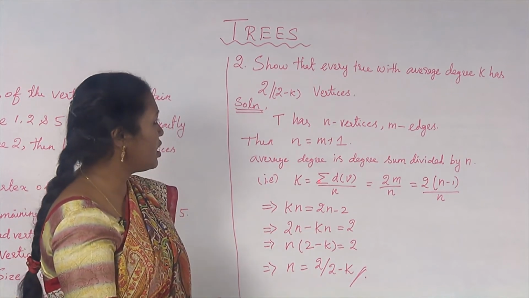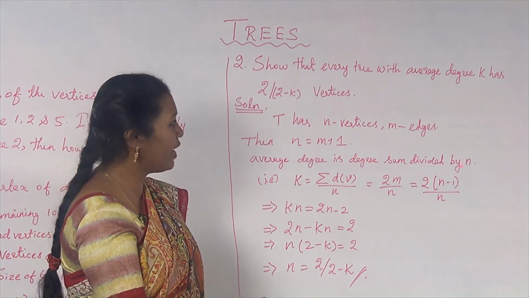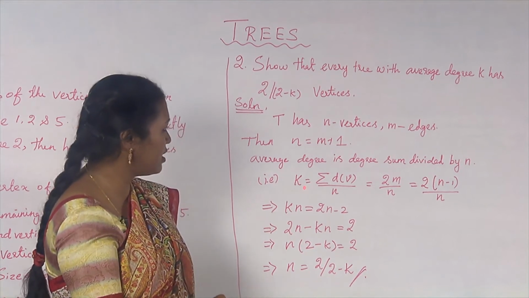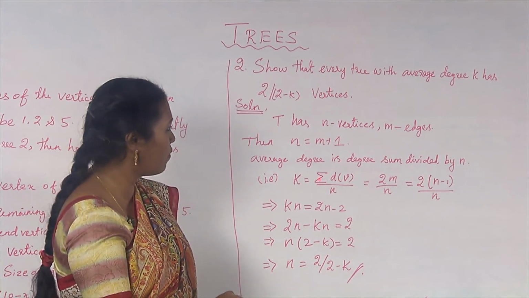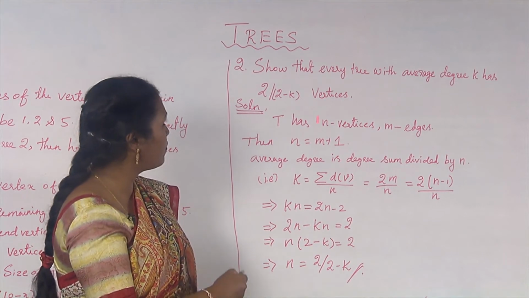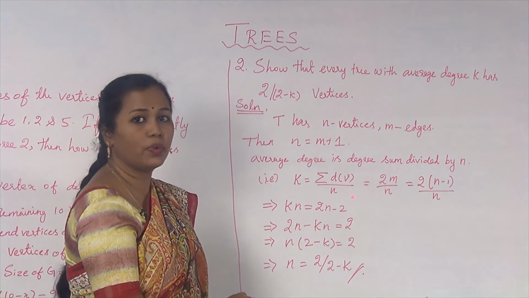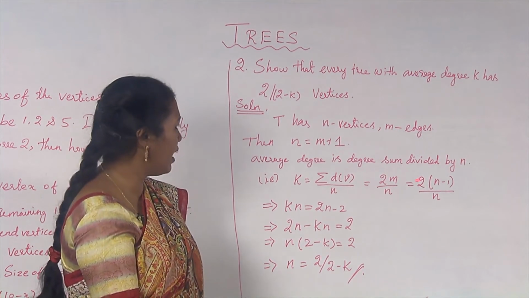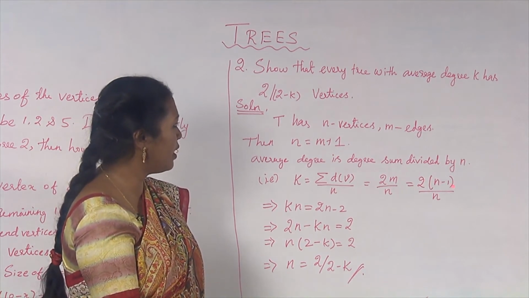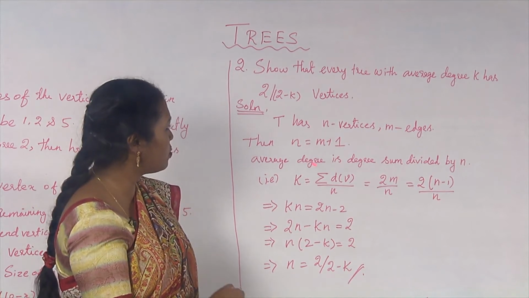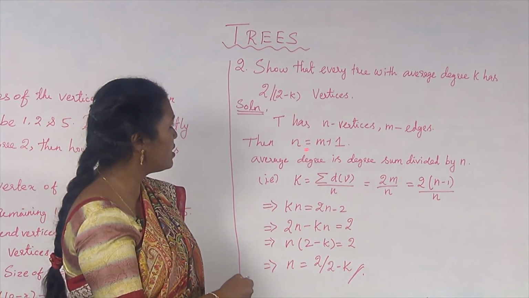And the average degree is the total degree sum divided by n, that is k is equal to the summation of the degrees of the tree divided by the total number of vertices n, that is equal to 2m by n, that is equal to 2 times (n minus 1) by n. This n minus 1 comes from here. So, m is equal to n minus 1.